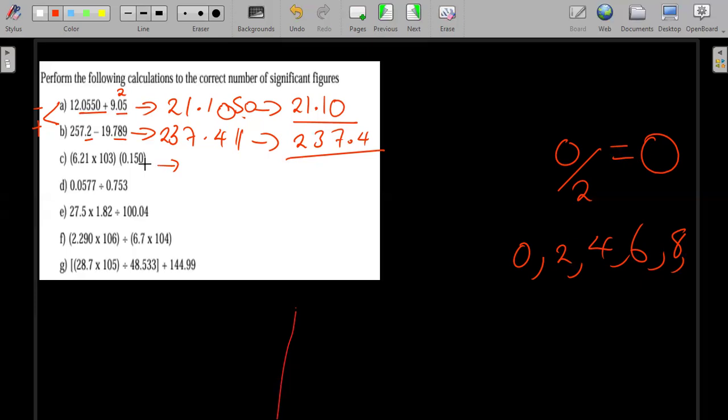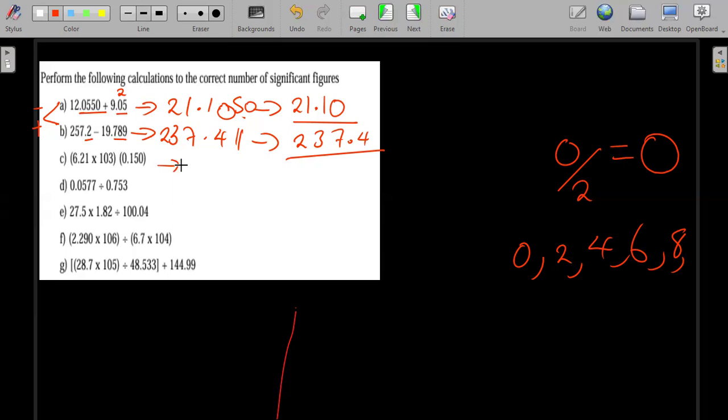What are we getting there when we multiply these three numbers? Let's be fast so that we do other things.